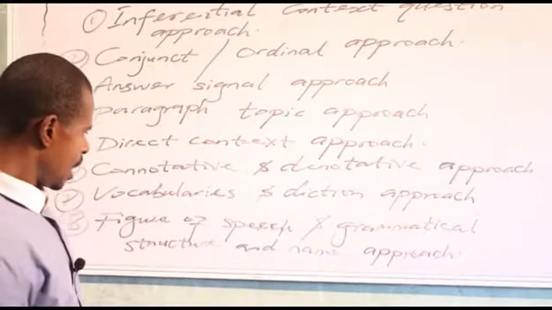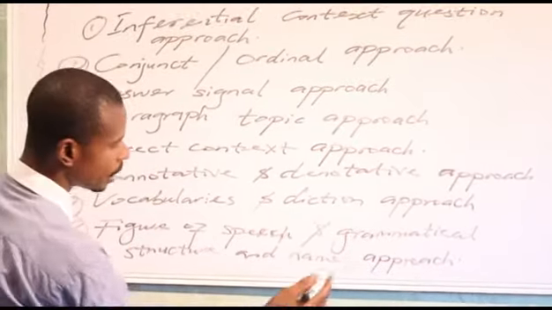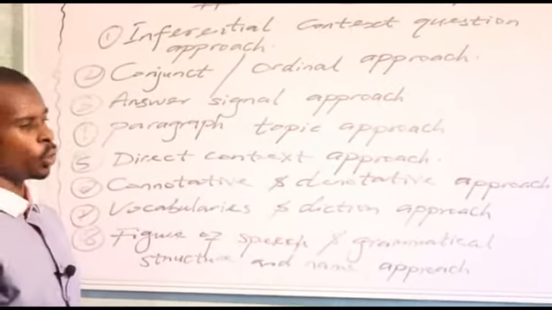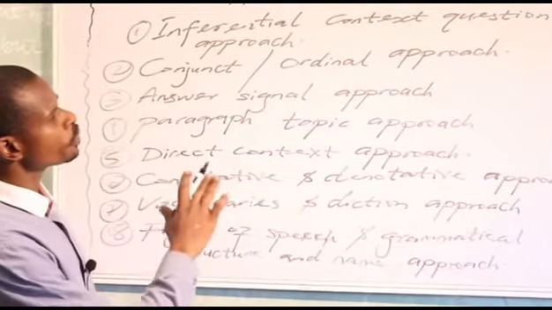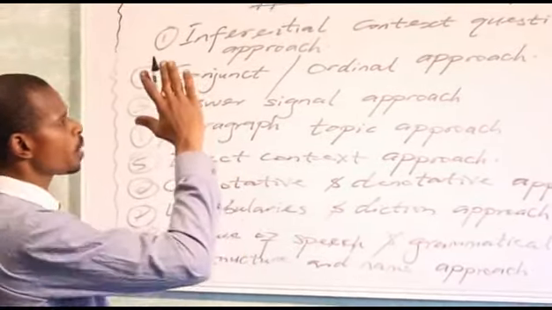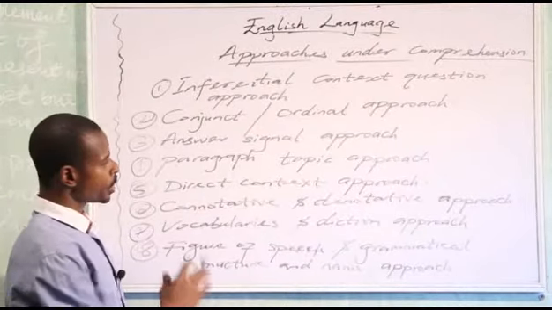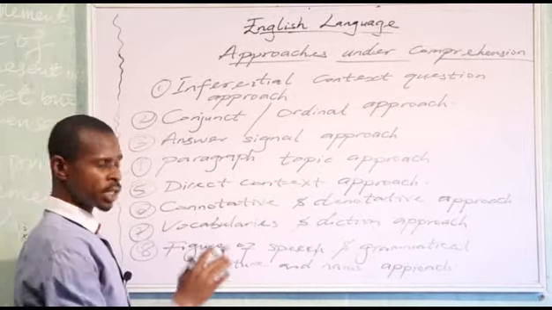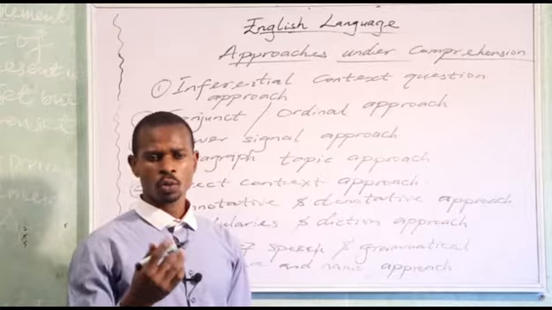So if you know the grammatical structure and grammatical name, you won't have a problem in that area. So you have to make sure you note all these approaches very well. If you know these approaches very well, it will help you whenever you want to answer your comprehension questions.